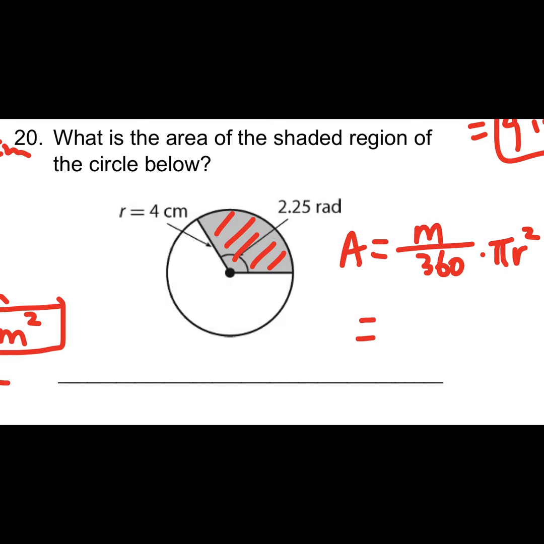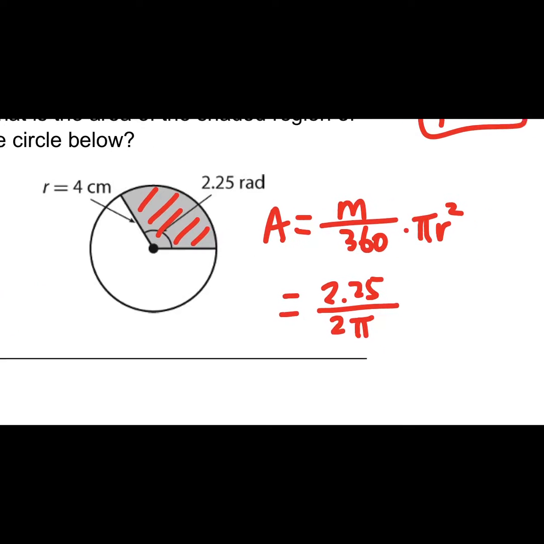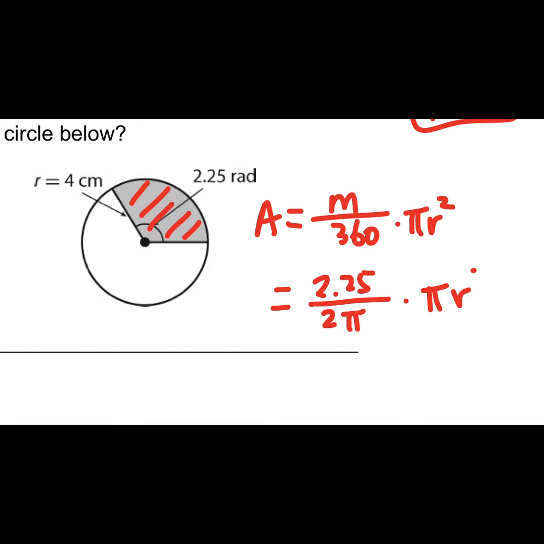And the angle measure is actually 2.25 radians. So that's going to be 2.25 over, since this is in radians, once again we're going to change that to 2 pi times pi times the radius squared.